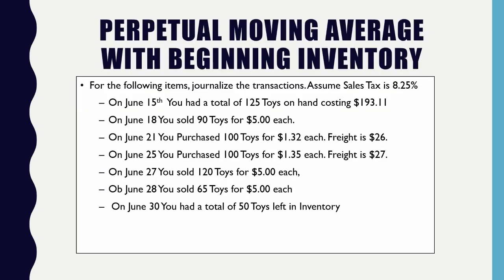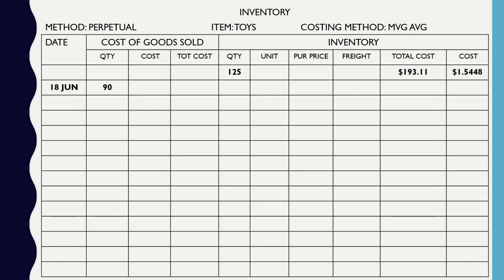So then on June 18, we end up selling another additional 90 toys for $5 each. So therefore, 90. The only number I have there is the $1.5448.